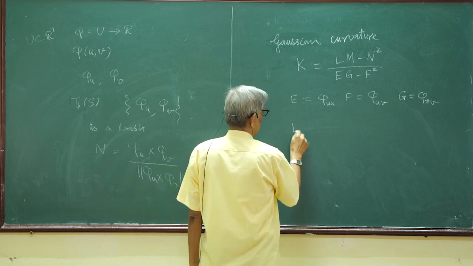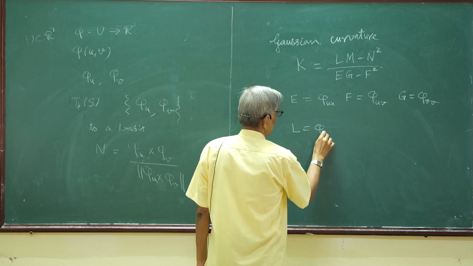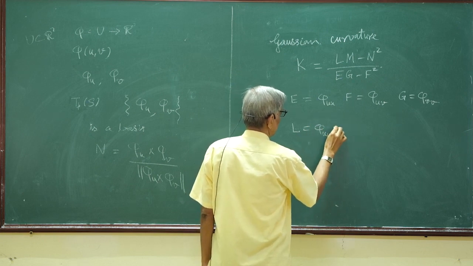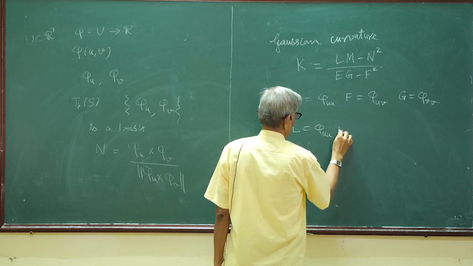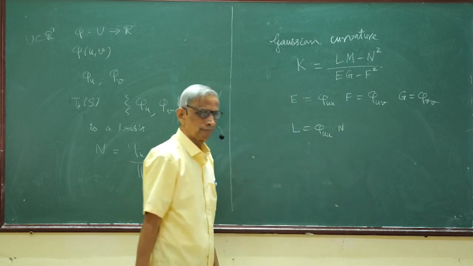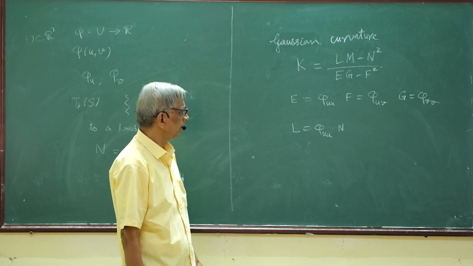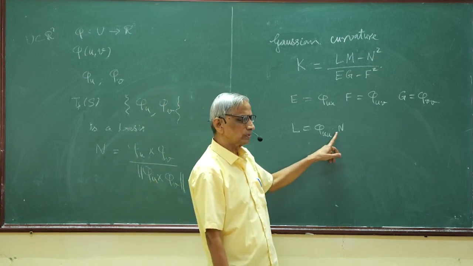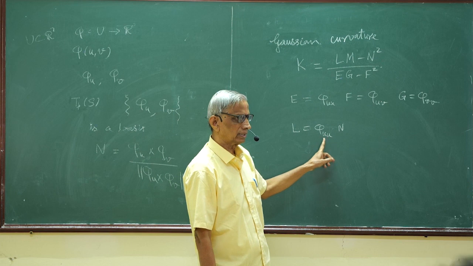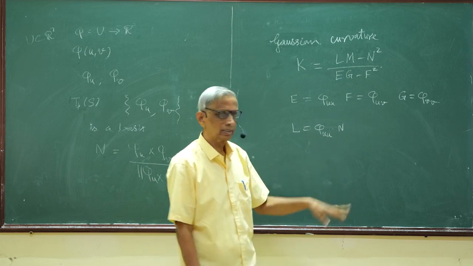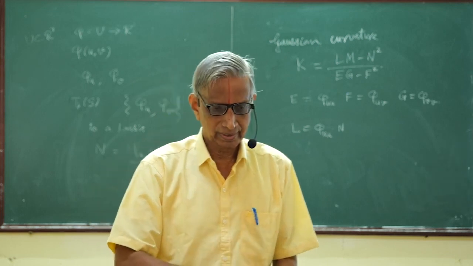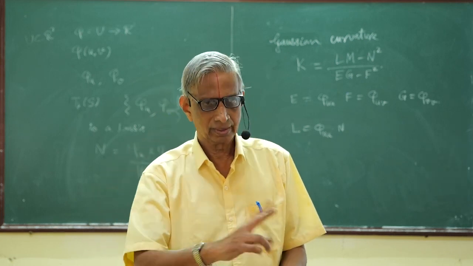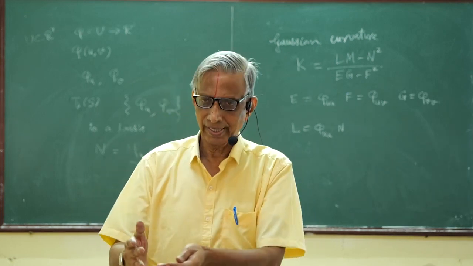So L is phi uu dot N. Of course, when you take the dot product, you can take the differentiation to the other side if you want.